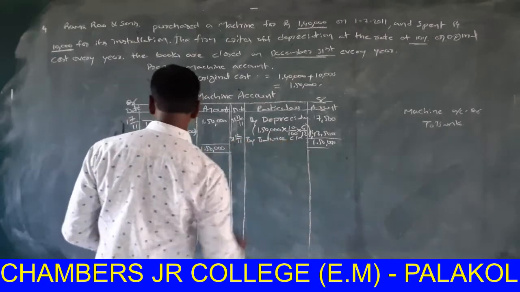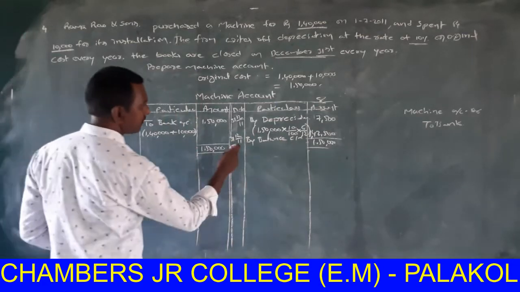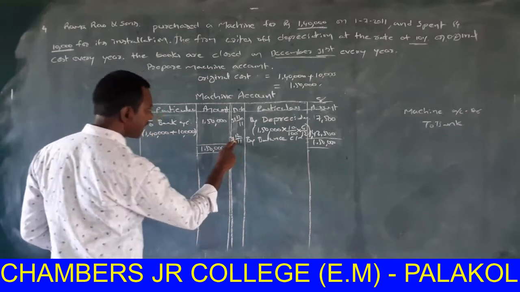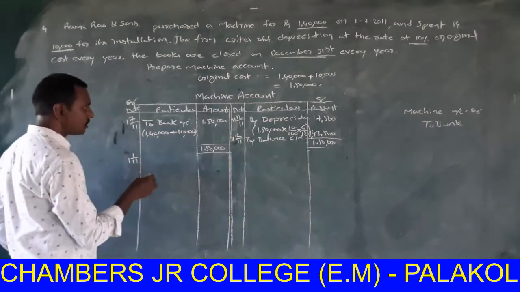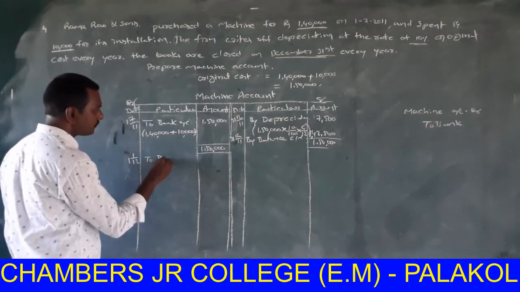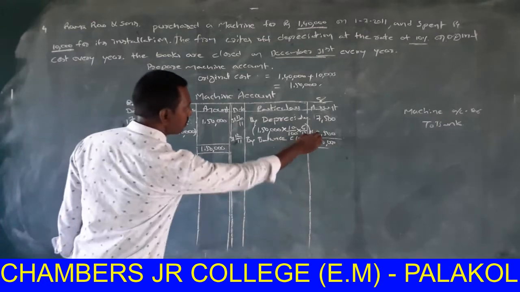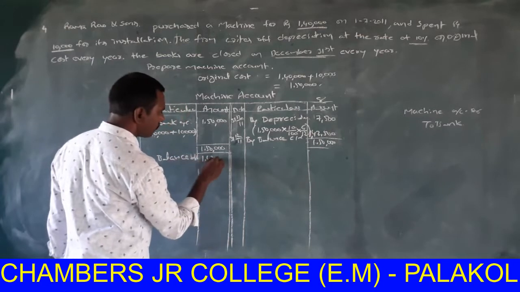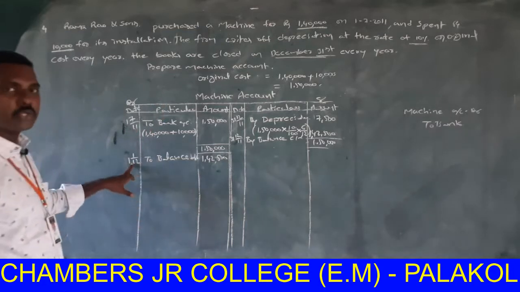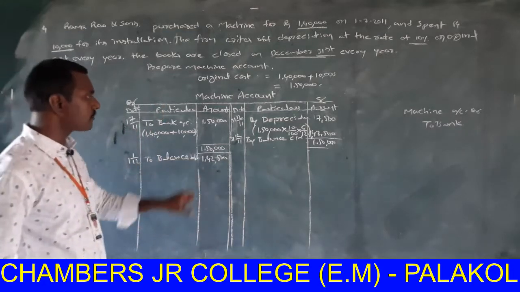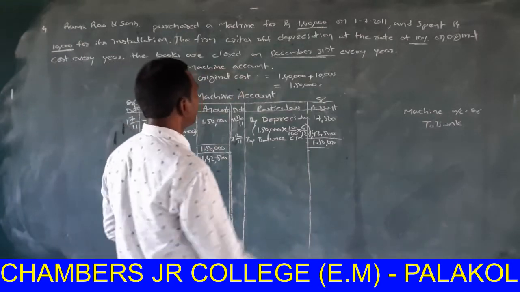The balance is transferred to next year, that is 1/1/2012, the next day of 31/12/2011. To balance brought down 1,42,500. The machinery value on 1/1/2012 is 1,42,500.